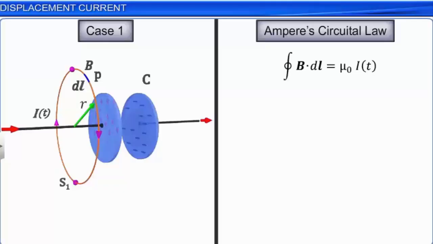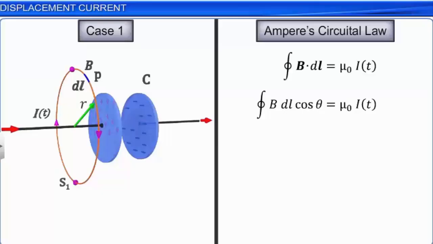Since B dot dl is equal to B dl cos theta, Ampere's law can be written as the integral over the closed loop of B dl cos theta is equal to mu naught IT, where theta is the angle between the directions of the magnetic field B and the small element dl along the circumference.